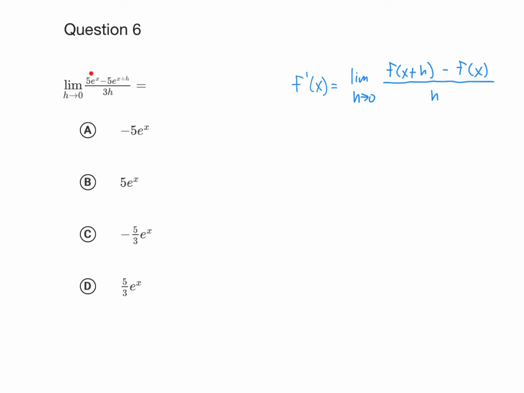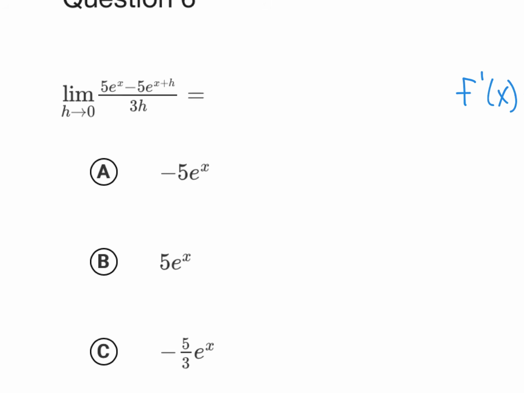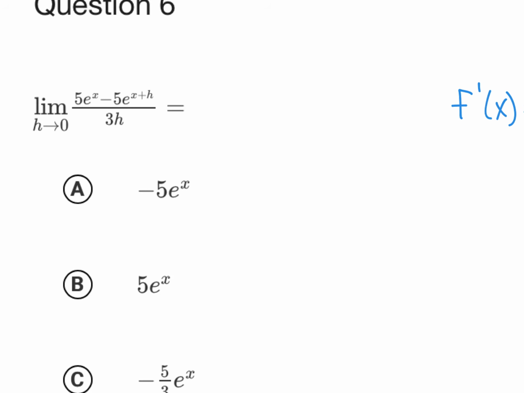Okay, so that's one thing. So these have to be switched. And then also there's just this random 3 here. In the definition it's just an h, but they have some random 3, and so we'll have to factor that out also. Okay, so we're going to do two things with this.